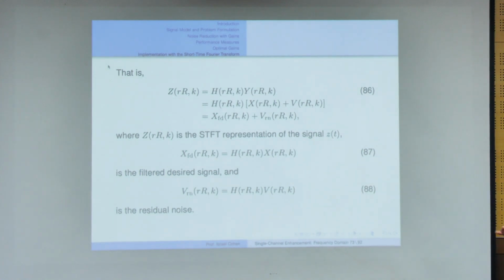Now, if we write the time-frequency bin of the estimate of the signal and the gain, these gains are very similar to what we did in the Fourier transform domain. We can take the same gains. The problem is the information that is used. Sometimes in the frequency domain we can get the information. In the STFT domain, for non-stationary signals, it's quite challenging, as we will see even with the Wiener filter.